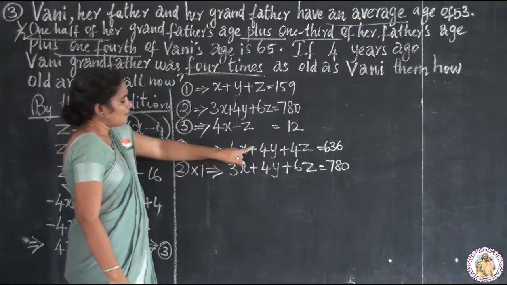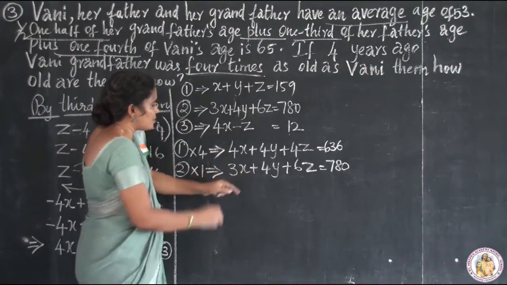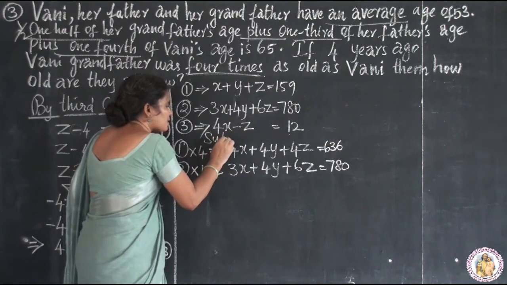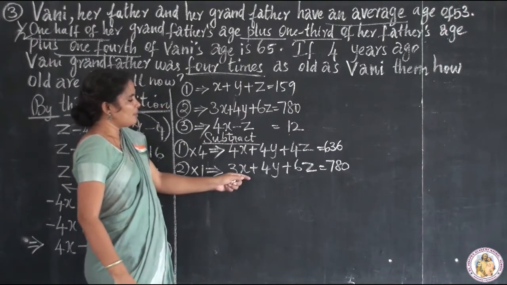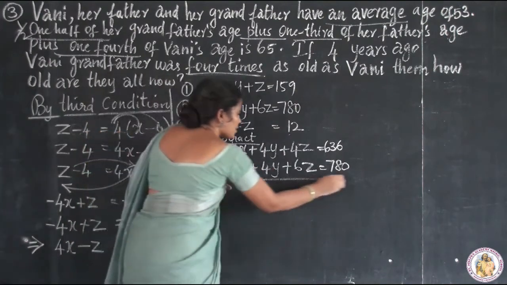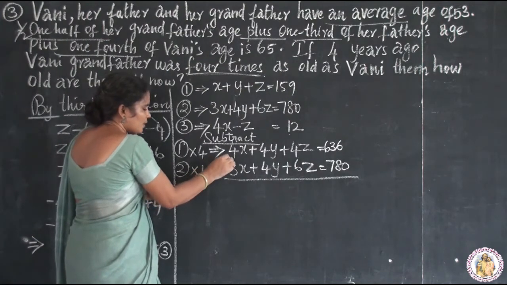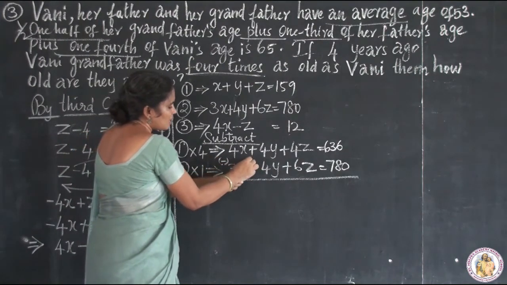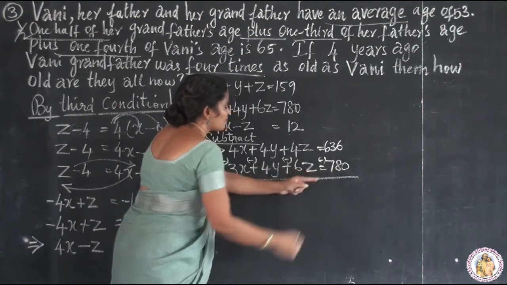Here we have the same sign, so we can't cancel. We can go with subtraction. If you subtract, you have to change the sign for all the terms: plus becomes minus.